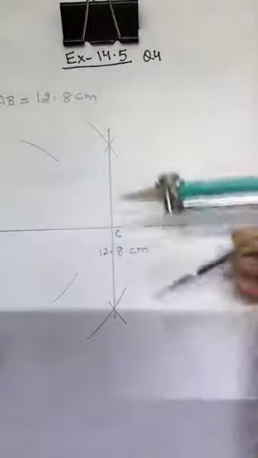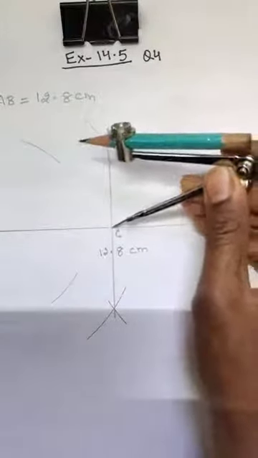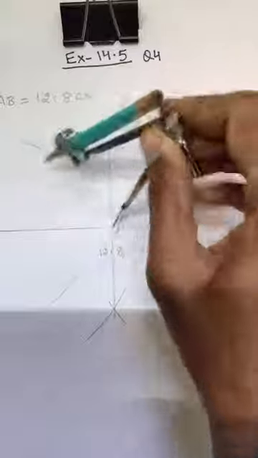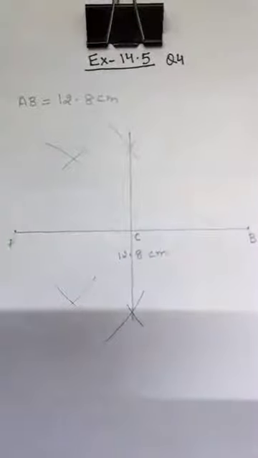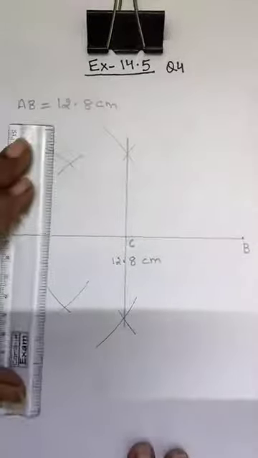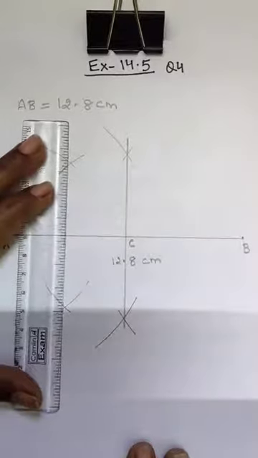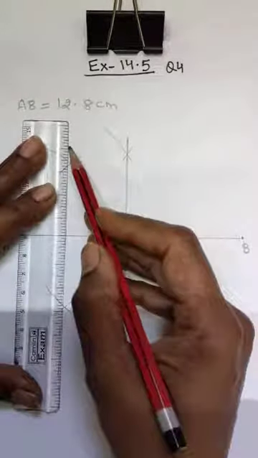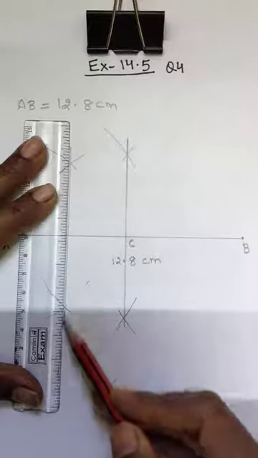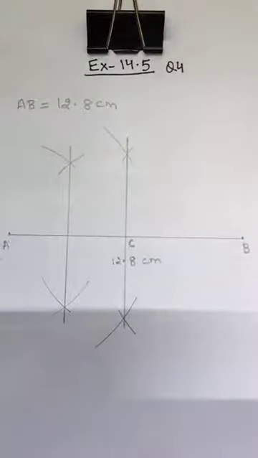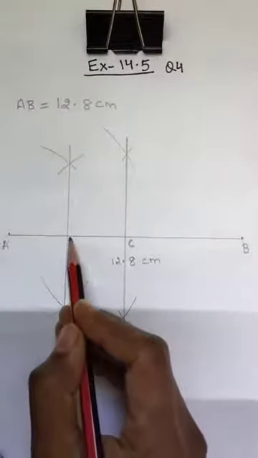Now with the same radius from C we will do one from here and one from here which cut the previous arcs. Join them. Give it name D.